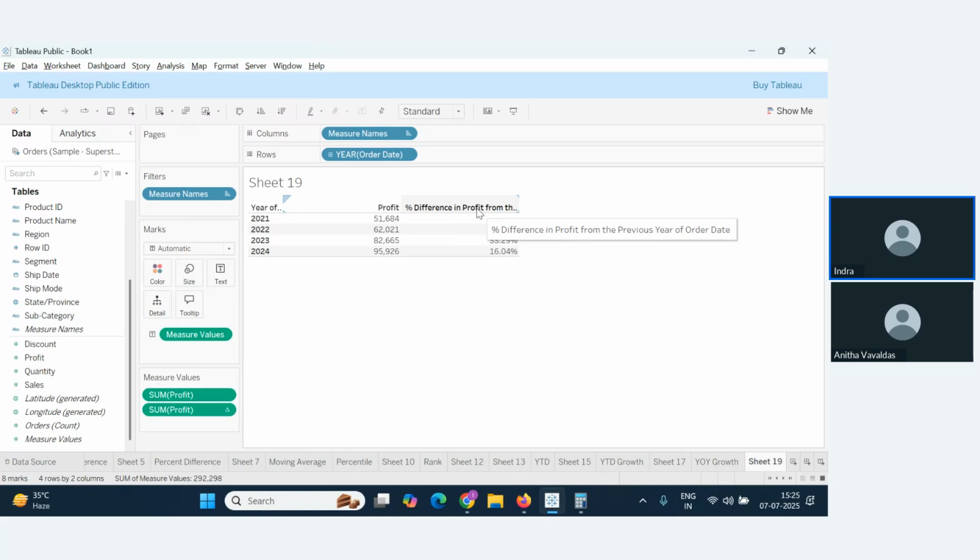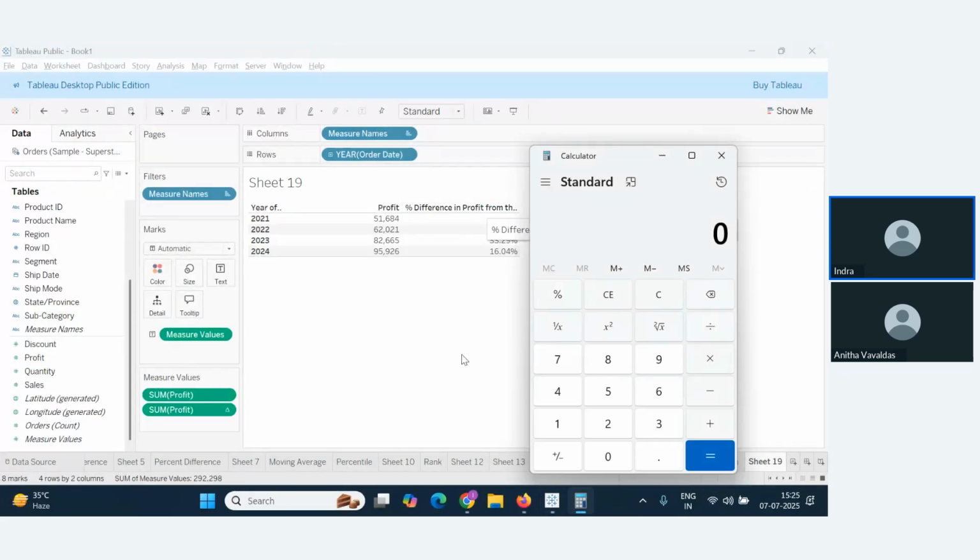The percentage difference in the profit from the previous year of the order date: 82665 minus 62021 is 20,644, divided by 62021. Yes, correct, 33.2855.